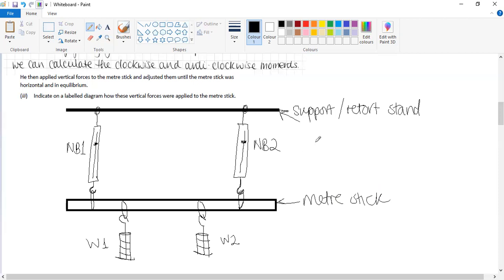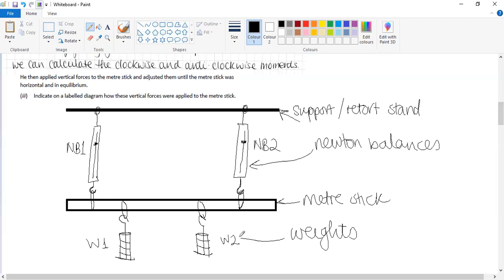And up here, we've got our Newton balances. We've got two of them. I'm okay with labeling just the one because I understand that that's the same thing. Unless your drawing is really bad, it should be pretty obvious that you mean that they're both the same. And weights, okay? And these guys.